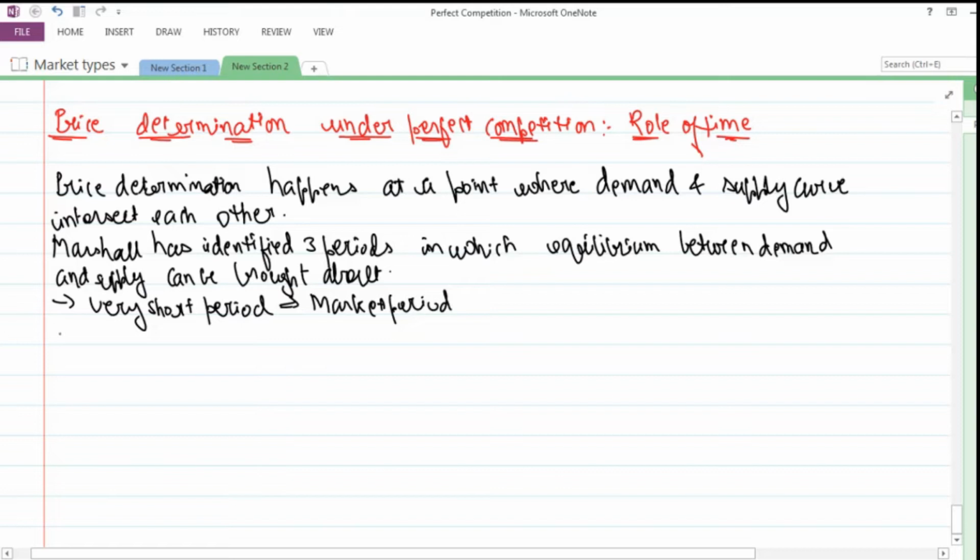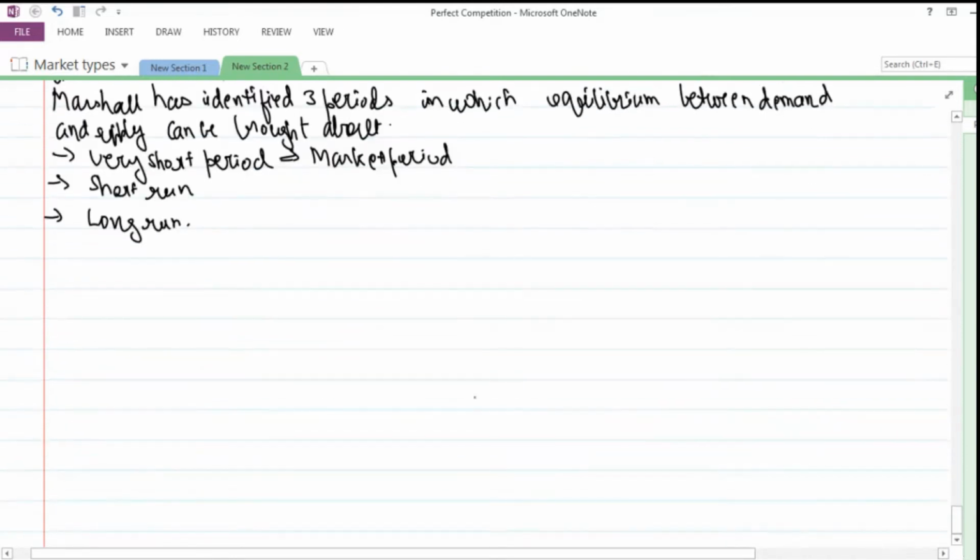The second one is short run, and the third one is long run. Now, we would be seeing each of these one by one as to how the price is determined under each of these different time periods.